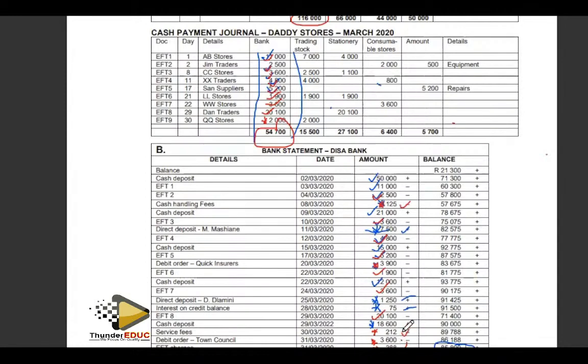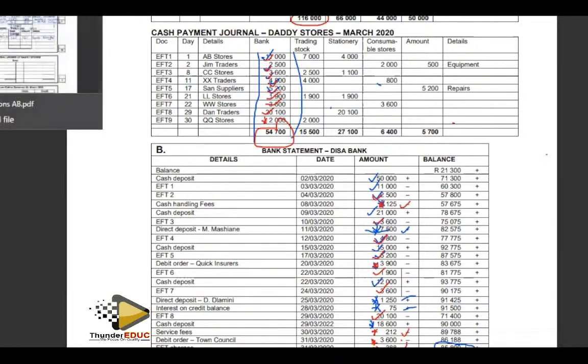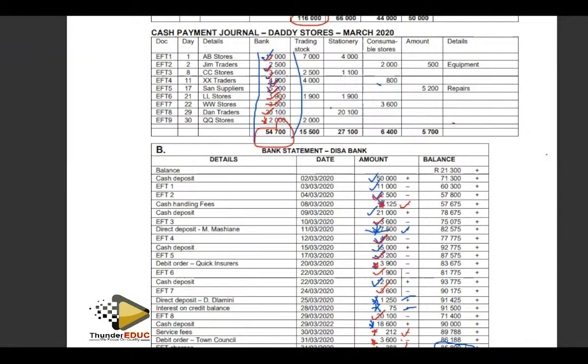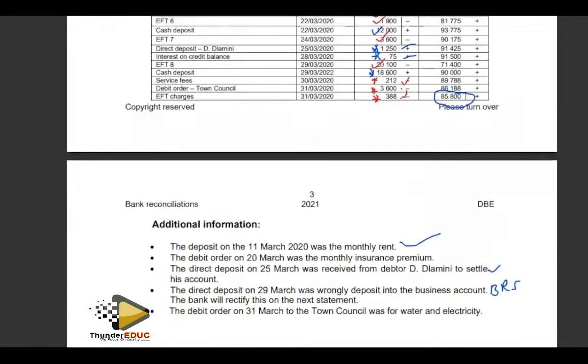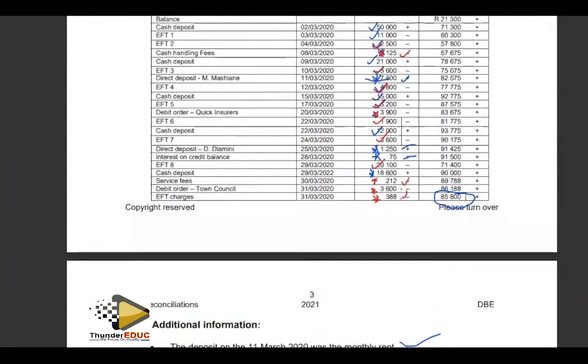There is 3,600 here. What was it for? We have to check what it was for in additional information so that we can record it correctly and with the proper description. Let's go in additional information here. The debit order on 20 March was the monthly insurance premium. What is 20 March? 20th March, debit order.